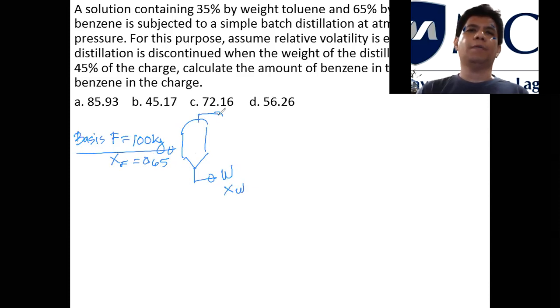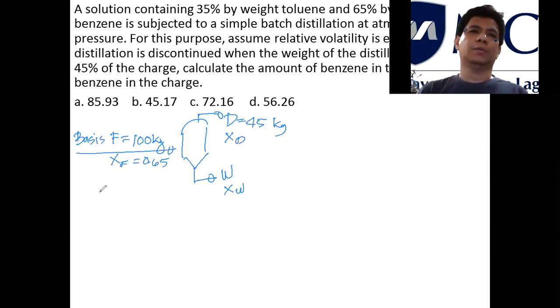But it's given in the problem that if you have 100 kilogram of feed, you should be producing 45 kilogram of distillate. As you can see, we also don't know the concentration of the distillate.